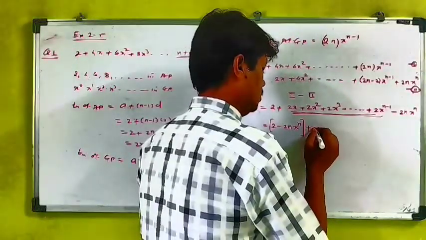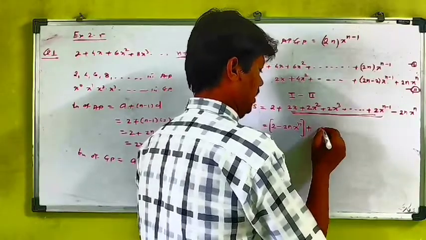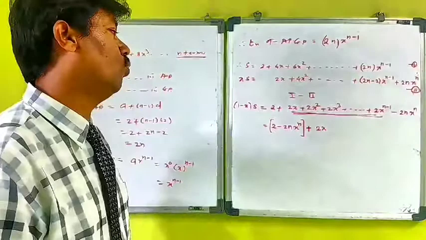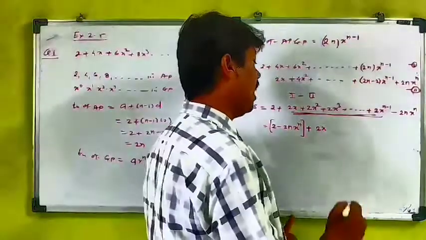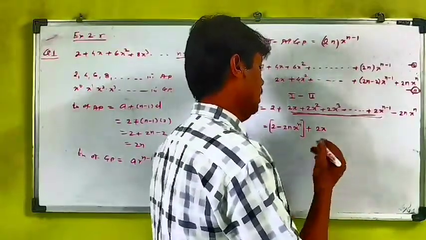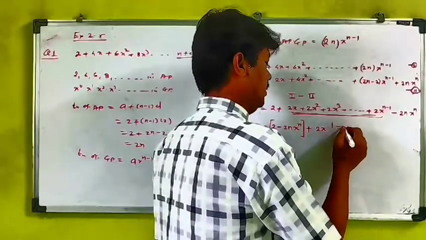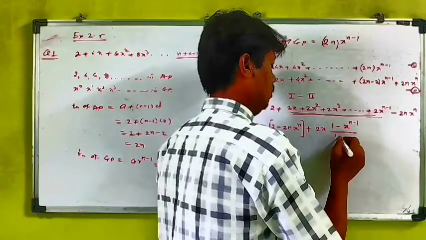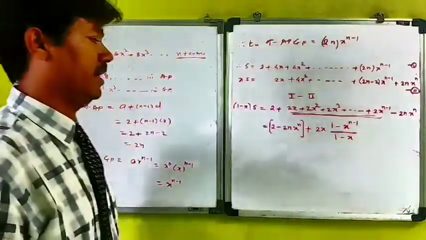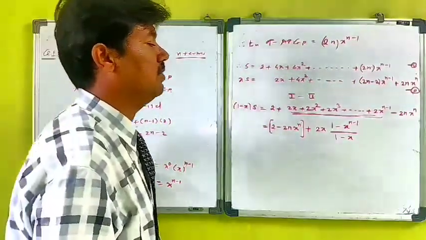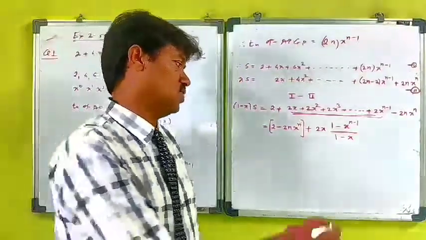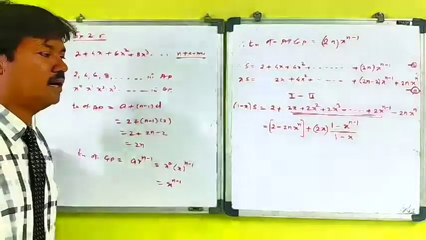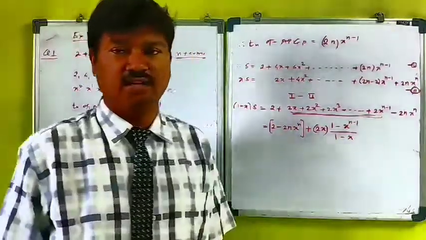So therefore it is plus a, that is 2x, into 1 minus r raised to n minus 1, upon 1 minus x, because there are n minus 1 terms. So a is the first term, that is 2x. x is the common ratio. And n minus 1 terms are there in this.